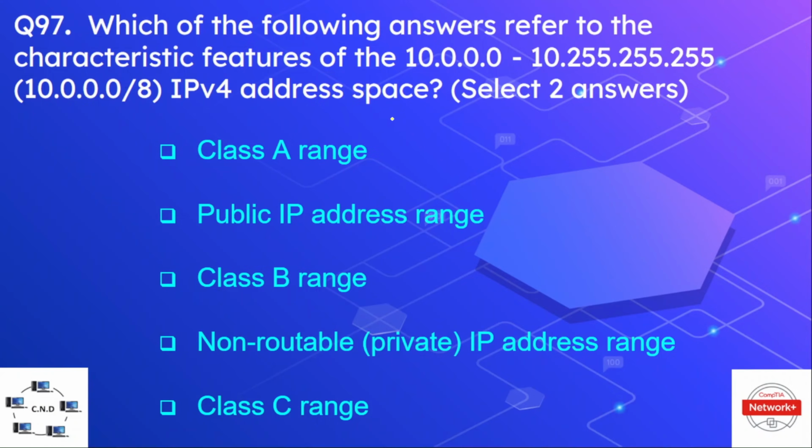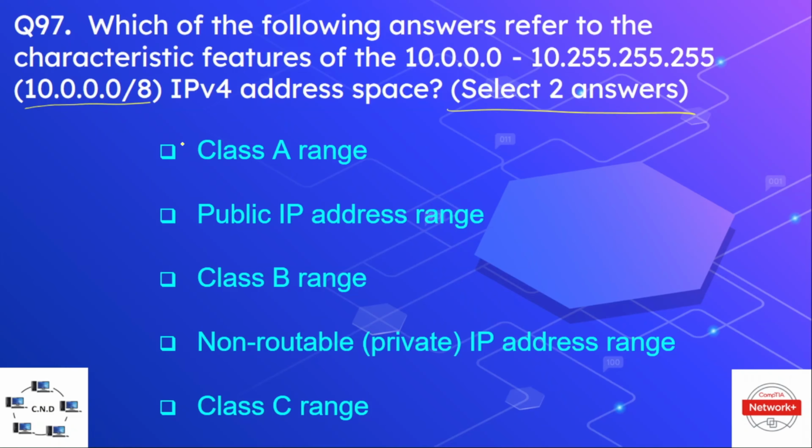Question number 97 is that which of the following answers refer to the characteristic features of the 10.0.0.0 up to 10.255.255.255, that is, it can also be written as 10.0.0.0/8 IPv4 address space. And you have to select two answers.